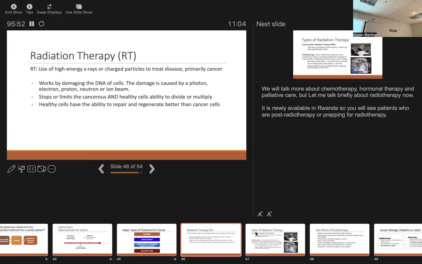So we wouldn't provide radiation therapy to a patient that has a radio resistant type of cancer. So that's why when you're going to Bloemfontein, you see a lot of patients with breast cancer receiving radiation therapy because those cells are often very sensitive to radiation, but you're not going to see a patient with osteosarcoma going for radiation therapy because those types of cancer cells are not going to be very sensitive or responsive to radiation.